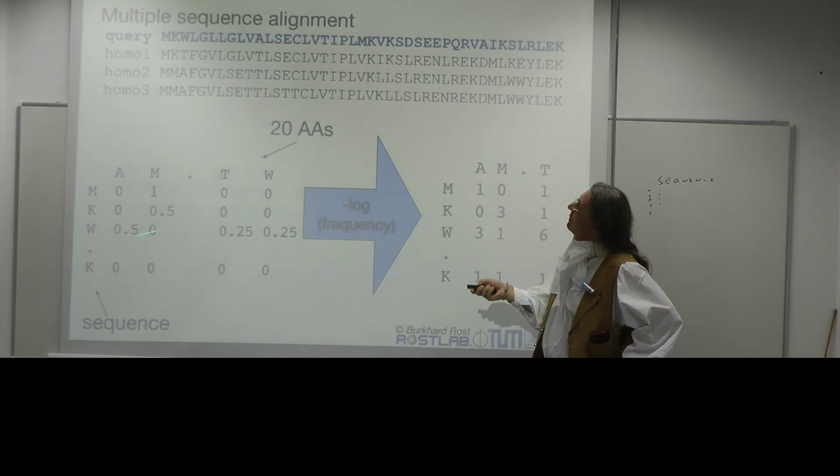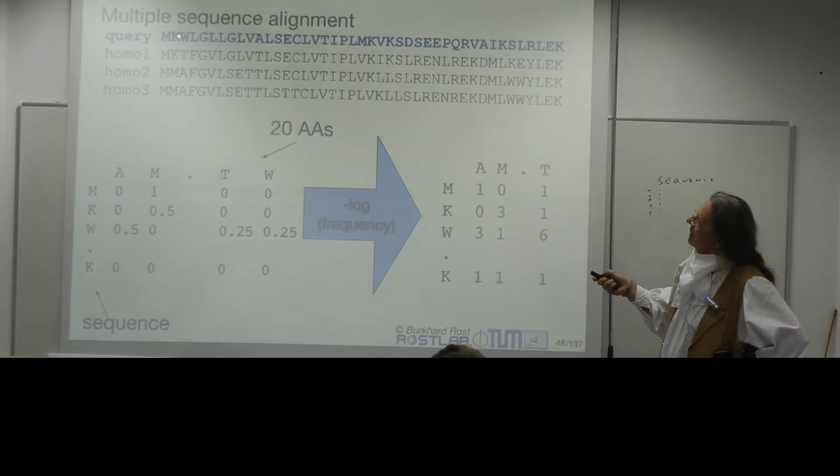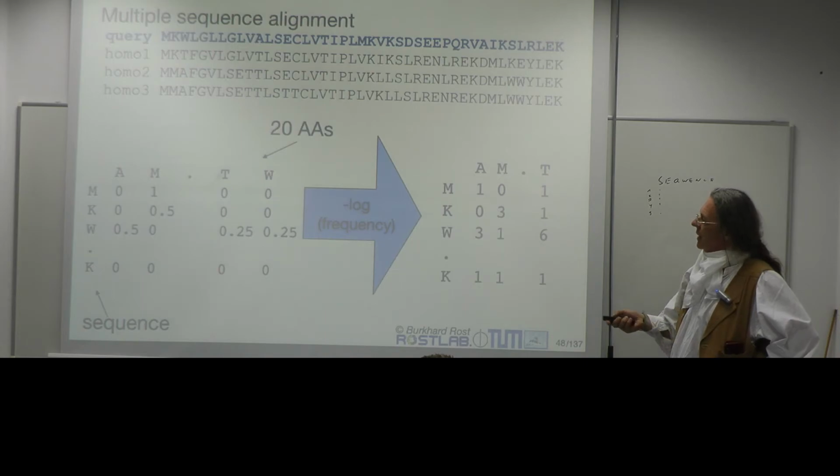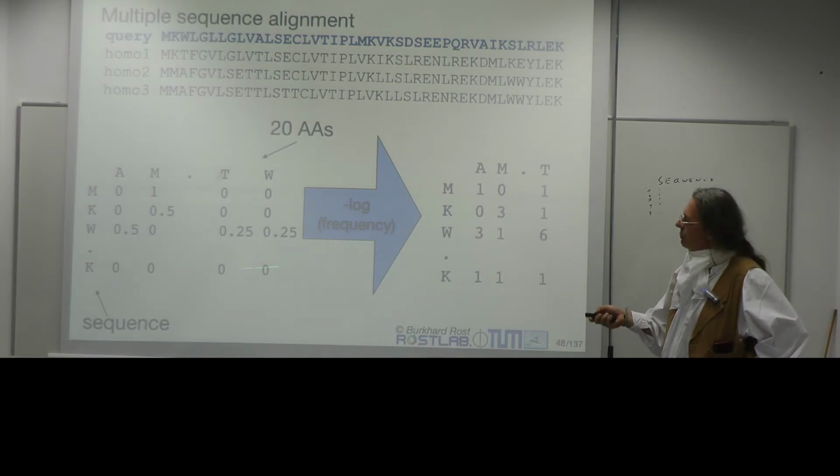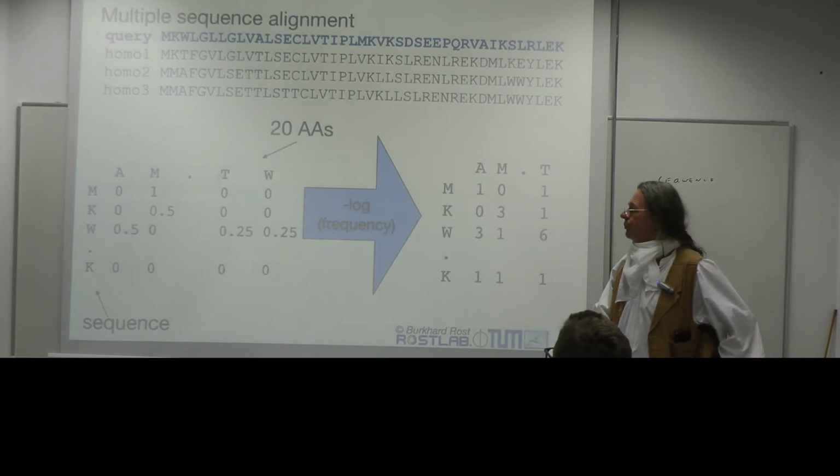Here we have an example of the W, where we have essentially 50% on the A, and 25% on the T and 25% on the W. So in the query it's W, but in this particular counting table, pre-PSSM, the W of the query gets only 25%.